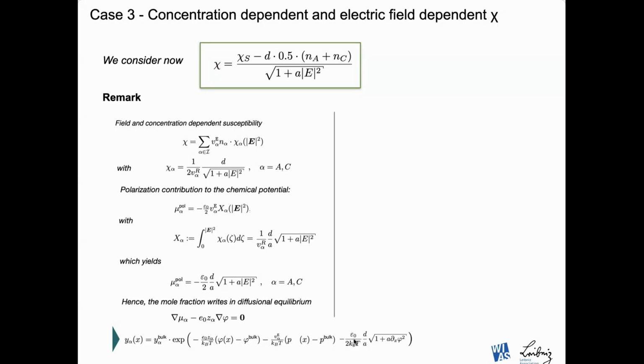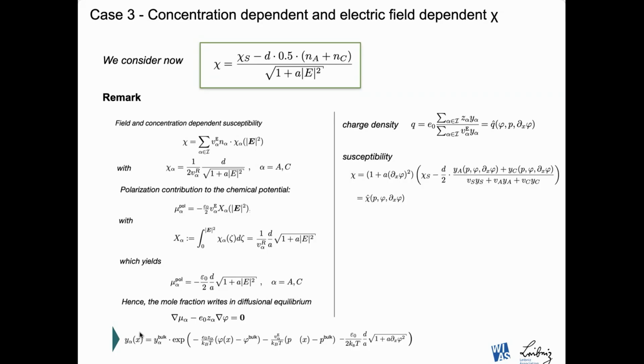So this is really superior. And in that sense, the charge density, if you insert these here for y, becomes phi, pressure, and field dependent. And also you have to plug this back up here in order to get the susceptibility as a function of pressure, electrostatic potential, and gradient of phi.